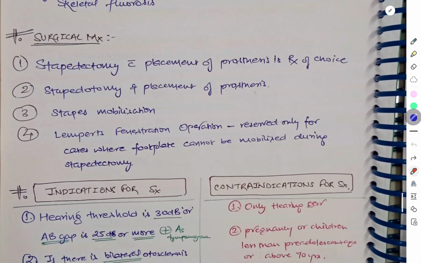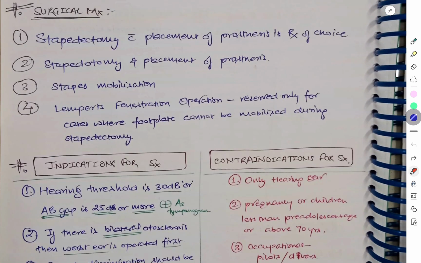Coming to the surgical management, what are the surgery options that we have in otosclerosis? The first one is stapedectomy. Stapedectomy with placement of prosthesis is the treatment of choice. Then we have stapedotomy and placement of prosthesis, but here there are more chances of recurrence.